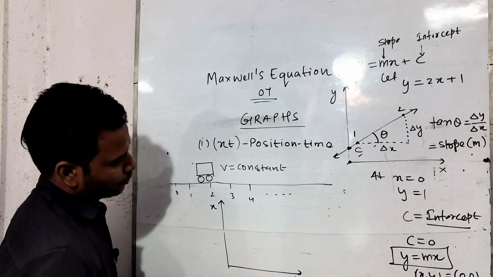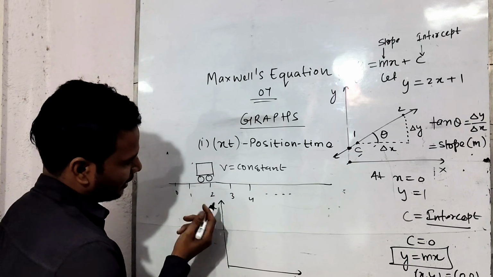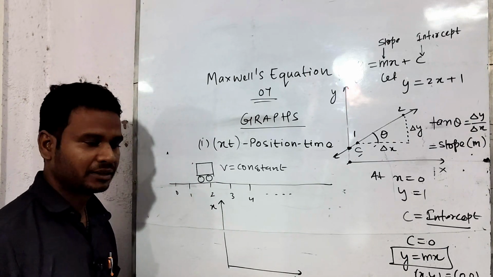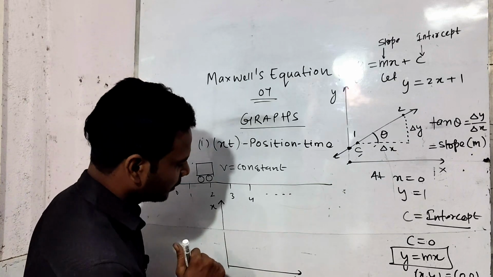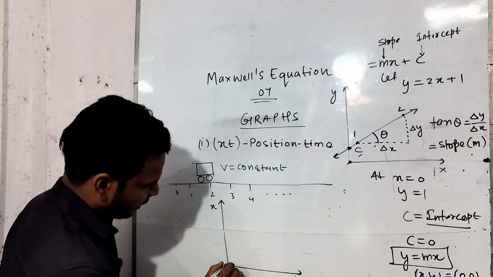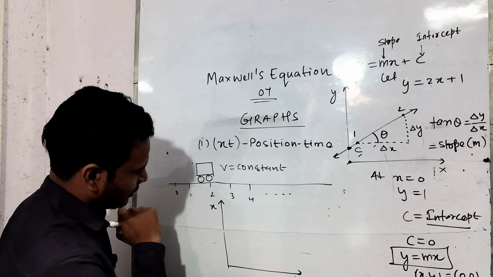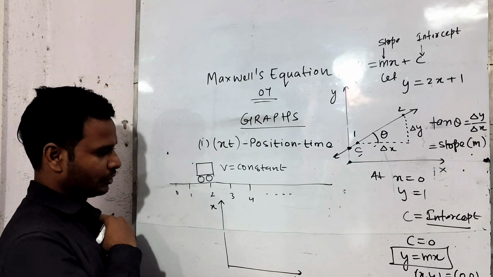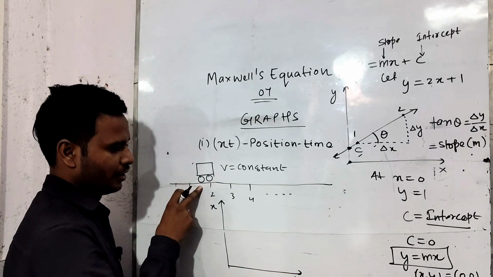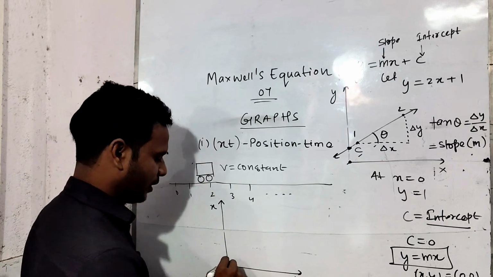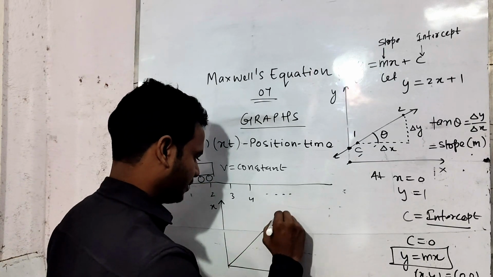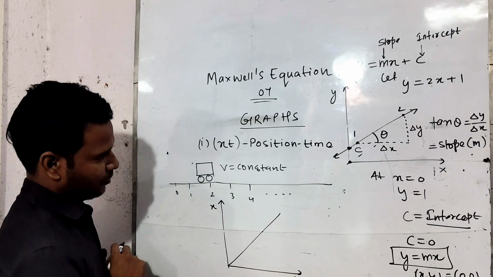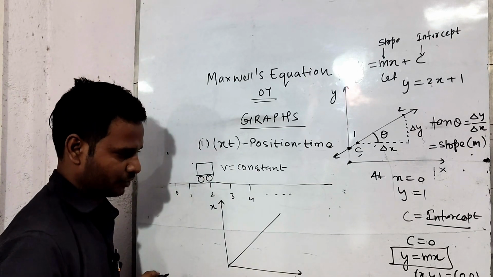Okay, so you can take the symbol x instead of displacement. So the graph, if you know the position of this cart from t equals 0, you can draw the graph like so. This is a line which denotes constant velocity.